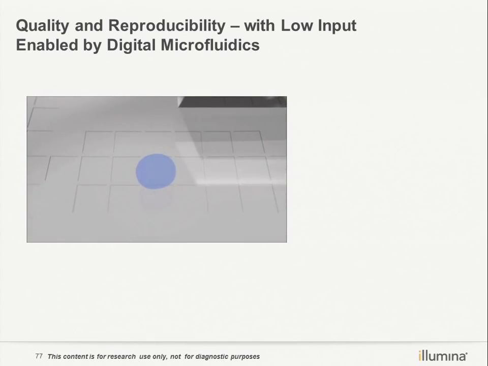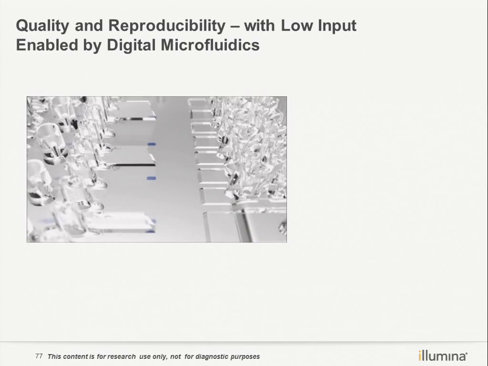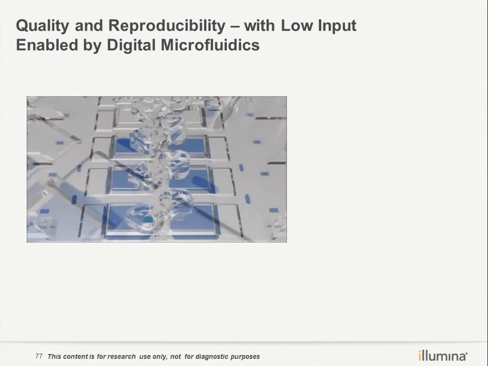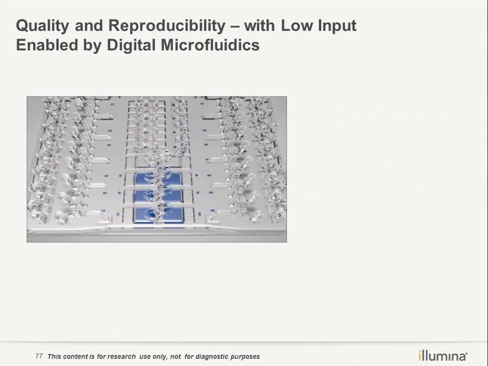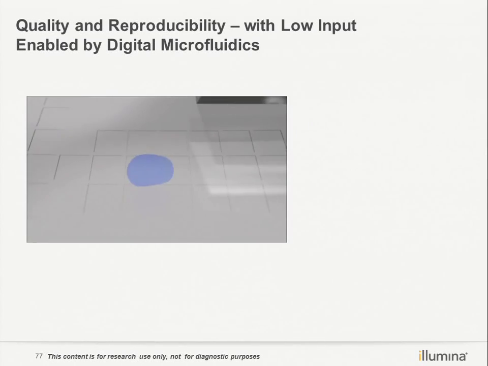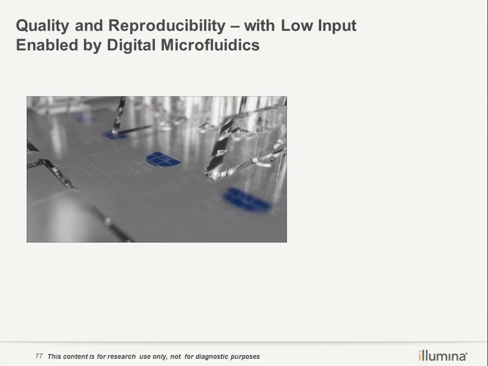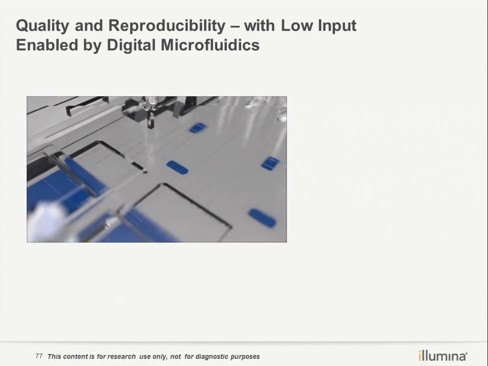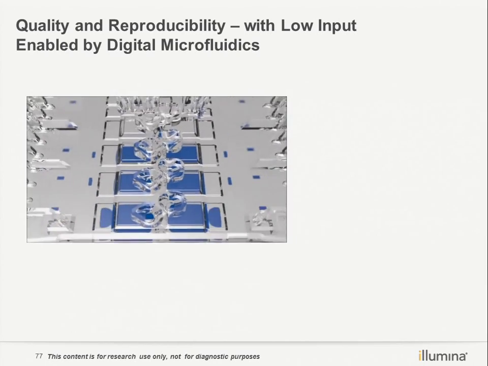Here is the animation. All the droplets can be automatically controlled to move, merge, and separate. It's not based on a hydrodynamic way of adding pressure to make it move, but on electrical charging. So it's very reliable, and the machine can be built in a very small footprint.